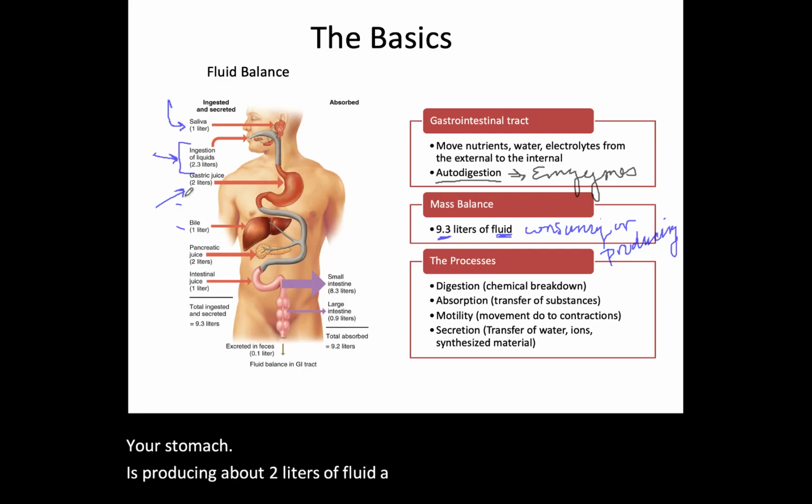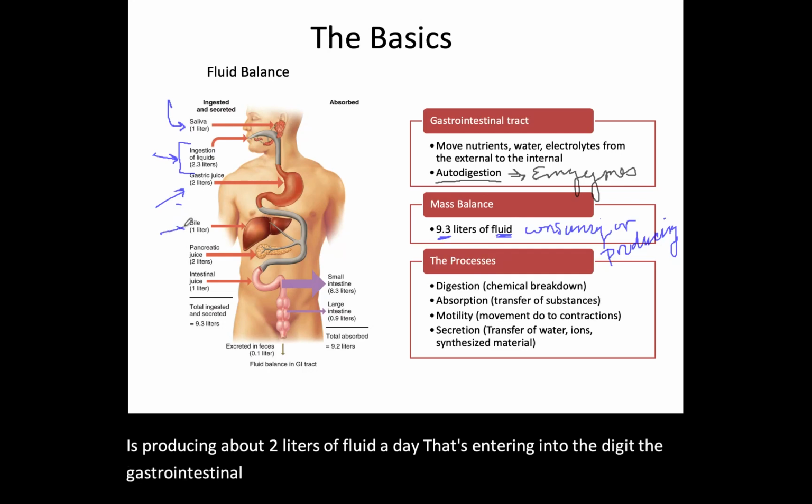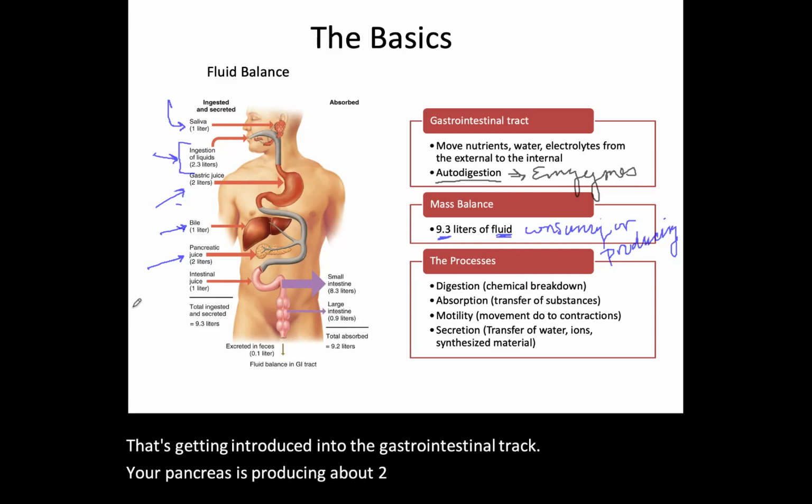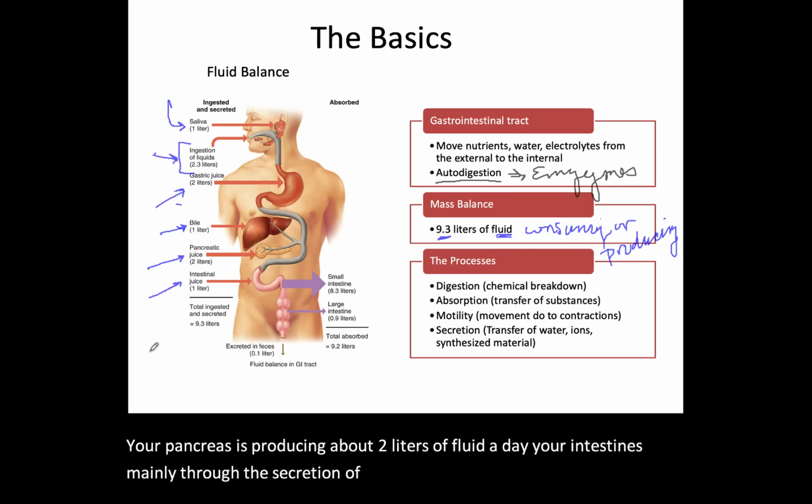Your liver is producing bile at a rate of 1 liter per day. Your pancreas is producing about 2 liters of fluid a day. Your intestines, mainly through the secretion of mucus, is producing about 1 liter of fluid a day.